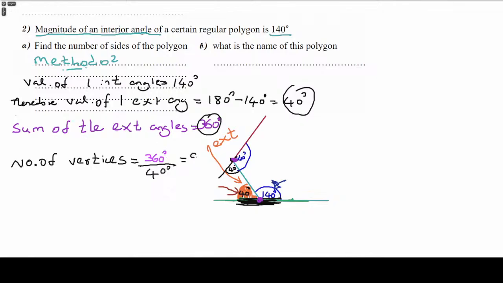That's 9. So 9 forties should get together to make the total of 360 degrees. What does that mean? This polygon has 9 vertices. If a polygon has 9 vertices, how many sides does it have? 9 sides. So number of sides equals 9.